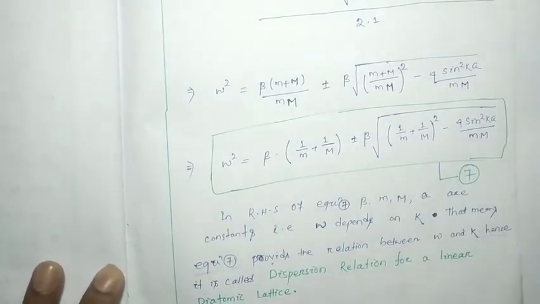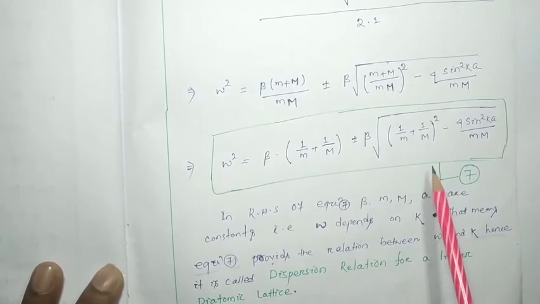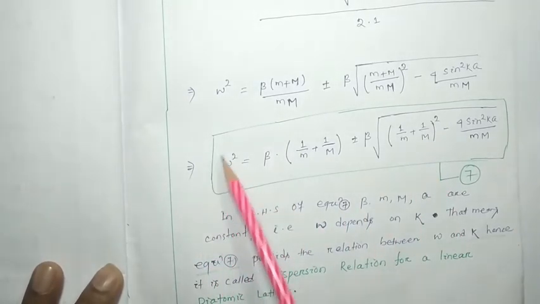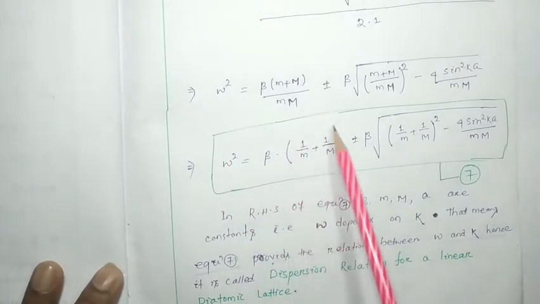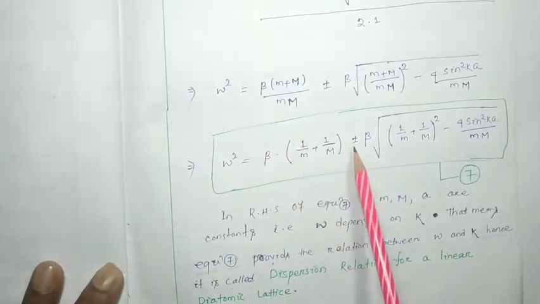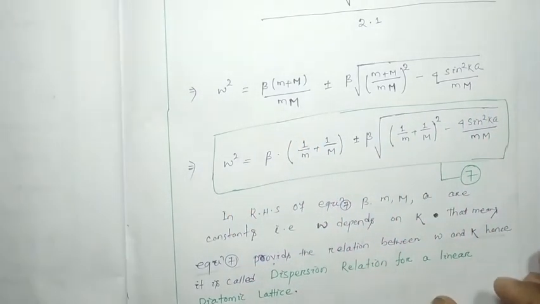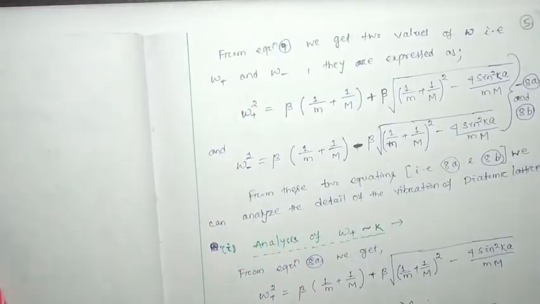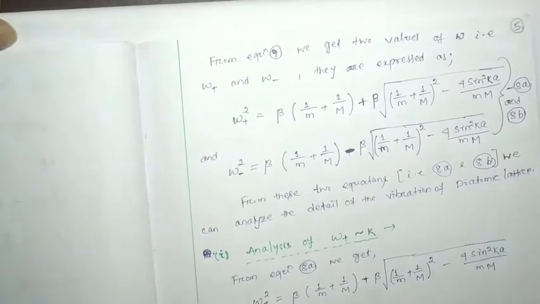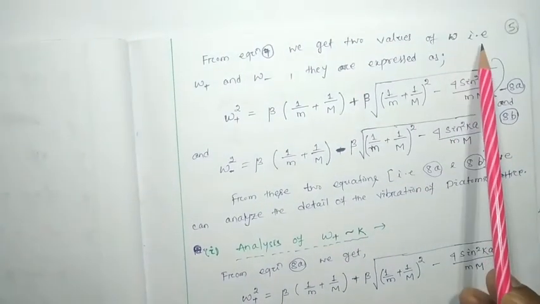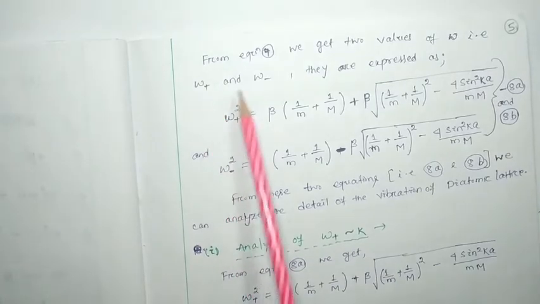From equation number 7 itself, one can easily perceive that omega square can have two values. This term plus this term gives one value, and this term minus this term gives another value. So from equation number 7 we get two values of omega, that is omega plus and omega minus.